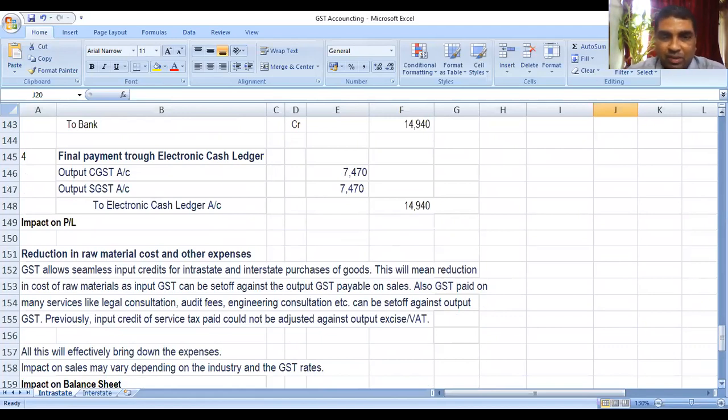Now, what do you think? Can you tell me what is the impact on, let us say, first of all, the statement of profit and loss? Please, some of you, we should be able to analyze this concept. What is the impact? What have you seen?